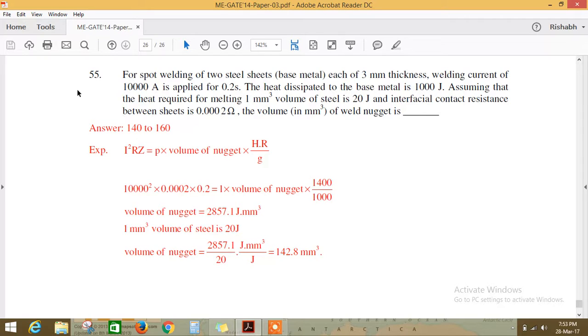Just look at the question, revise the welding chapter and you will be easily able to solve it. In case you have doubts, just see the solutions, or you can go through Ghosh and Mallik, manufacturing processes. It is a very basic and simple question.